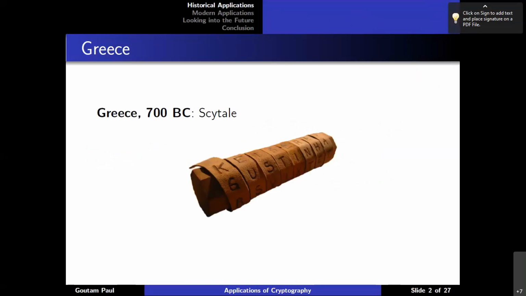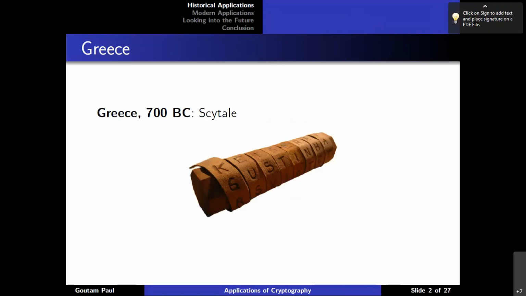The stick will have a bigger diameter at one end and a smaller diameter at the other end.